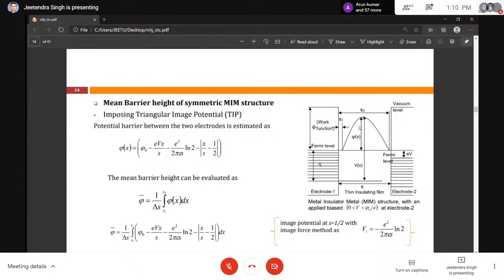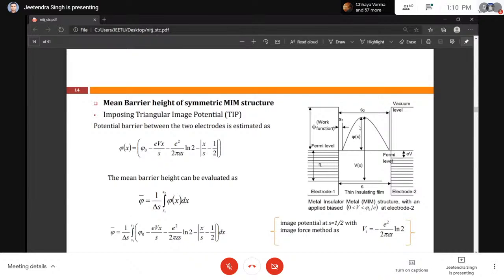We don't actually know what the nature of the image potential is. So we first consider three types of image potentials: the triangular image potential, the rectangular image potential, and the parabolic image potential.